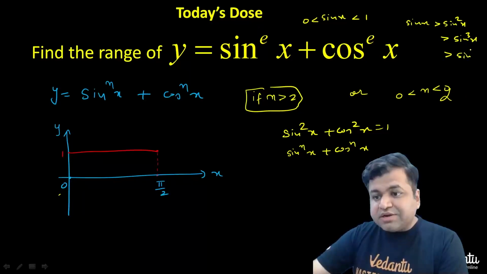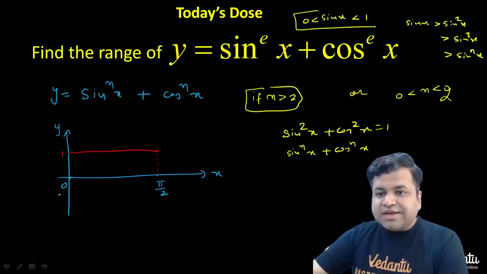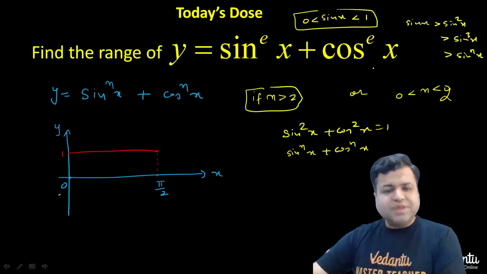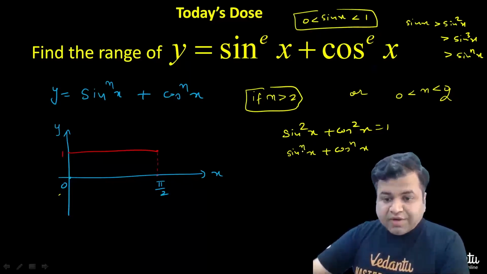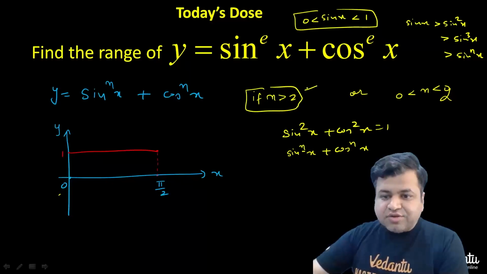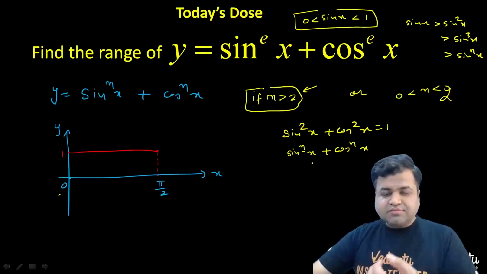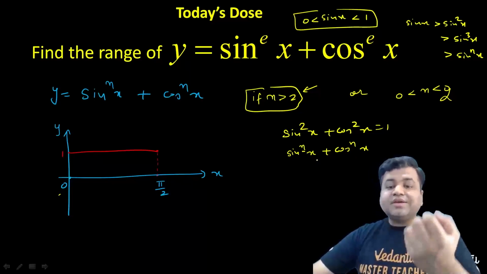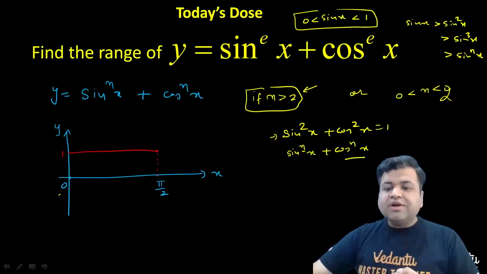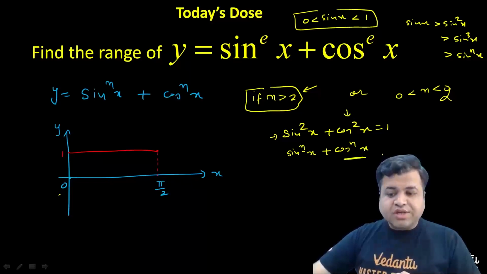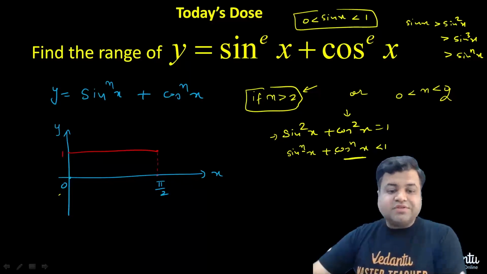That will be greater than sin^n x when sin x is between 0 and 1, right? Same with cos x. Now since this n is greater than 2, we are raising the power, so sin^n x should be less than sin^2 x, and cos^n x should be less than cos^2 x. Hence, the sum should be less than 1.